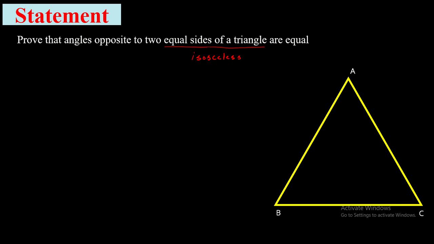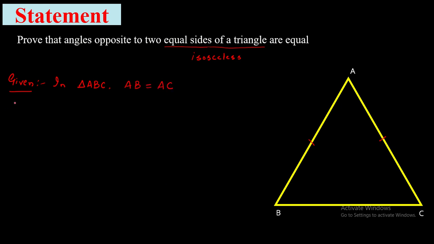Let's suppose that ABC is our isosceles triangle in which AB is equal to AC. So here it is given that in triangle ABC, AB is equal to AC.